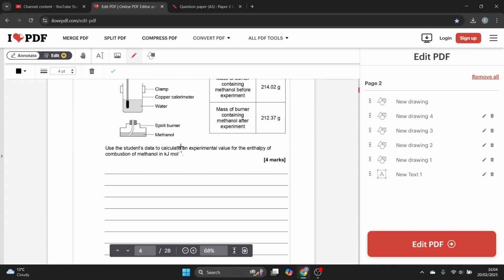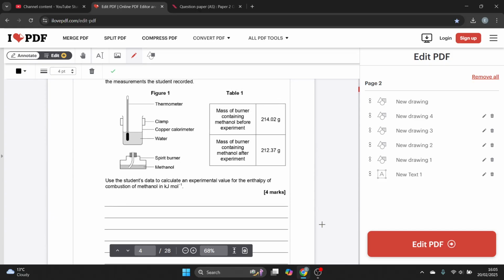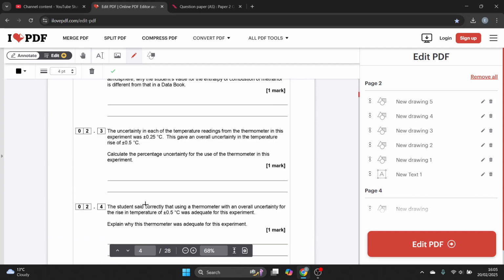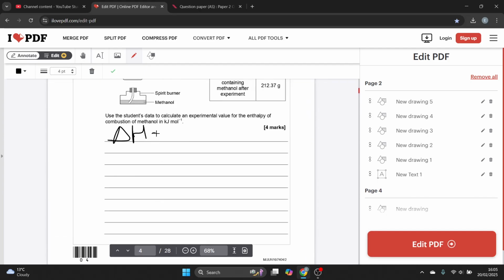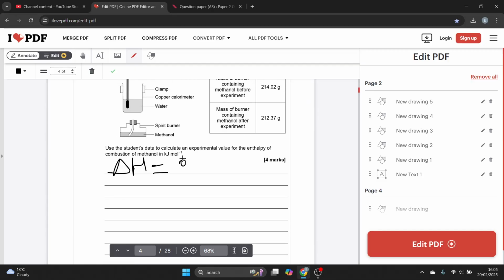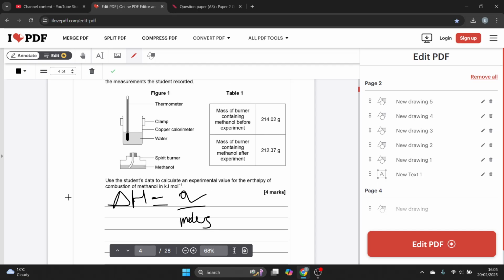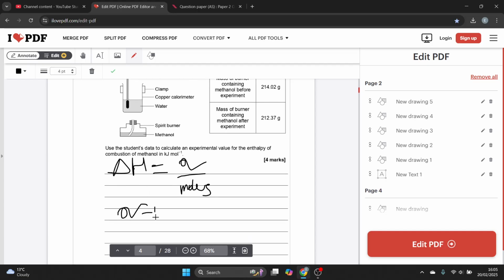Question 2, you just needed to calculate the value for the enthalpy of combustion of methanol. So enthalpy of combustion equals Q divided by number of moles, and Q equals mc delta T, where m is the mass of water.